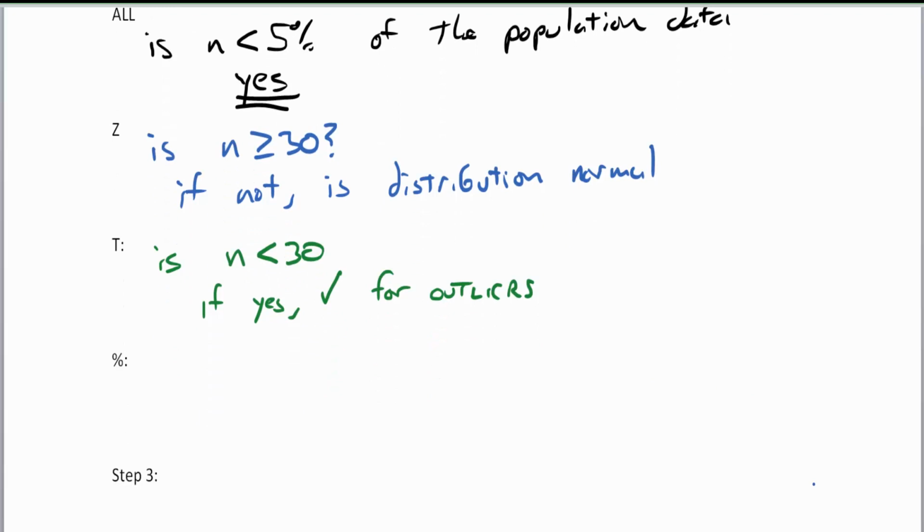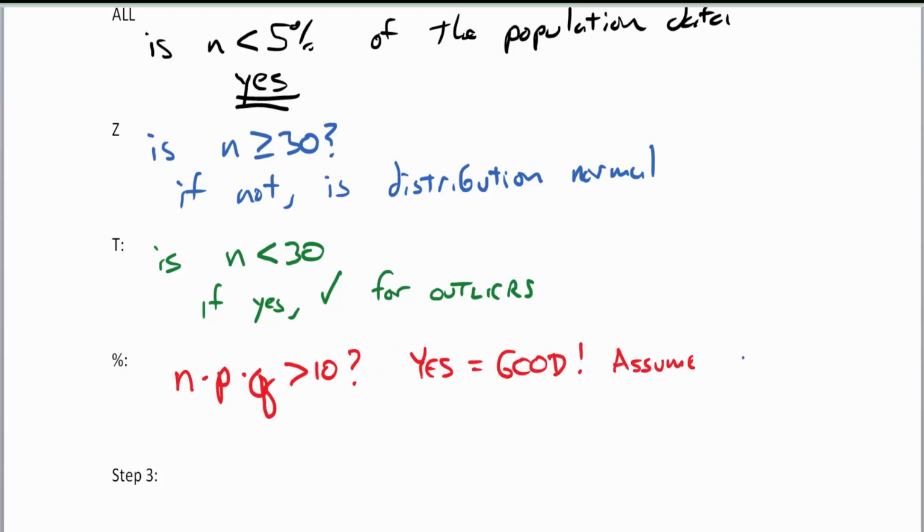So what about the percentage problems? Is there a check for this one? And there is. The check is that your n times p times q has to be greater than 10. And if it is, then good. Assume normality, so you can use the test in the calculator. Assuming normality means that you have a big enough sample that you can assume that it forms a normal curve.